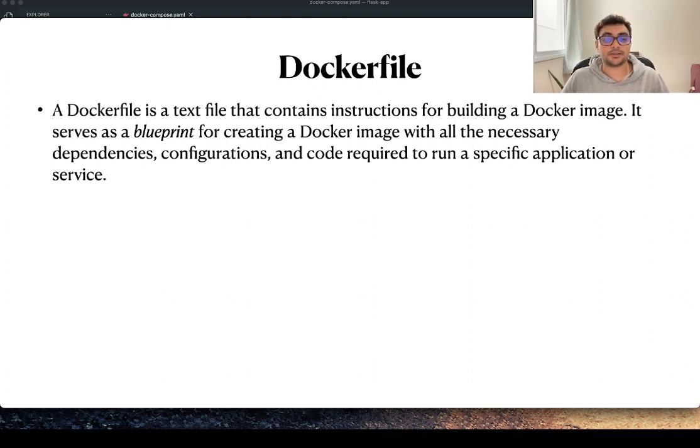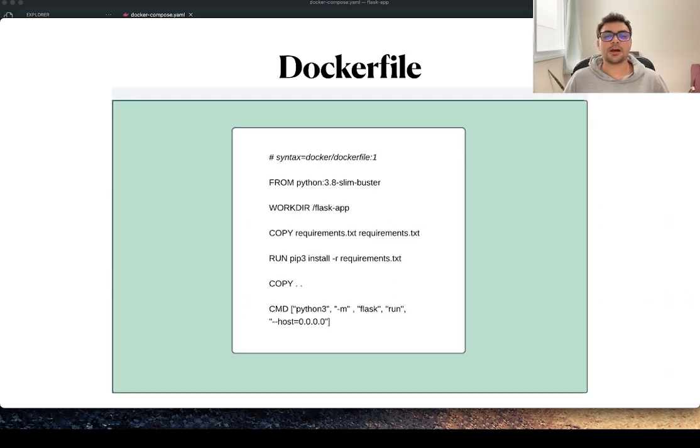Dockerfile is a text file that contains the structure to build a Docker image. Basically, it's a blueprint to create a Docker image with all the necessary dependencies, configuration, and code. And here I have the Dockerfile example that we're gonna use to create a Flask application.